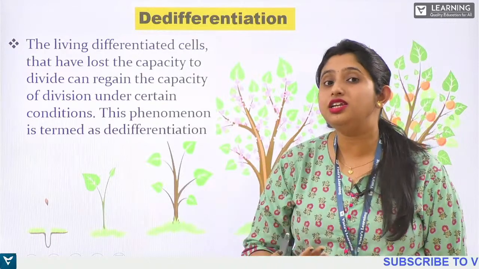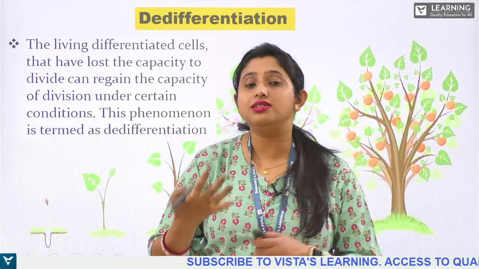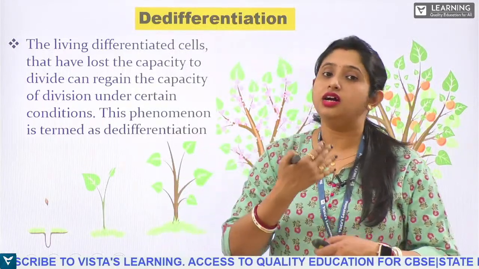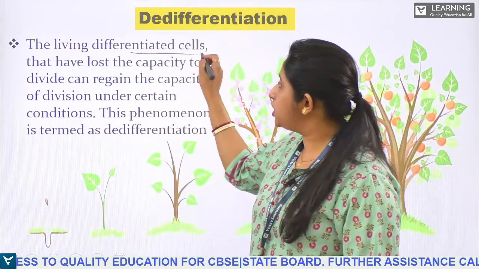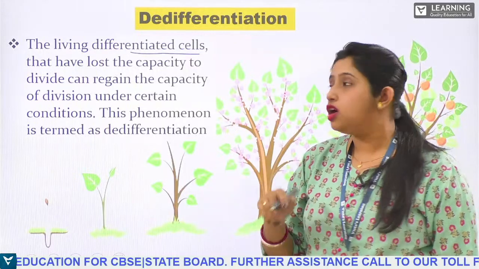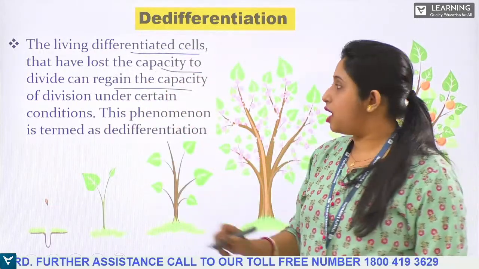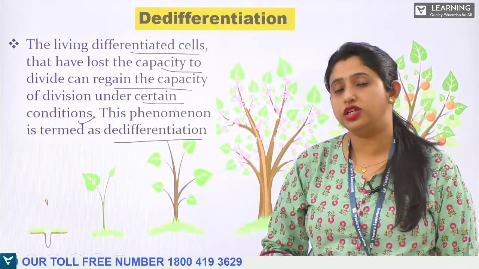Now, what is this dedifferentiation? Dedifferentiation means there are some plant cells that have lost their capacity to divide, so they again start dividing. Okay, that is dedifferentiation. So the living differentiated cells which have lost their capacity to divide regain the capacity of division under certain conditions, that is called dedifferentiation.